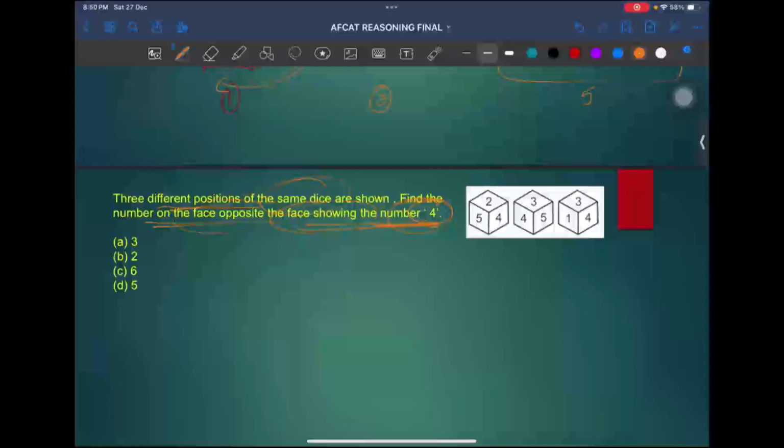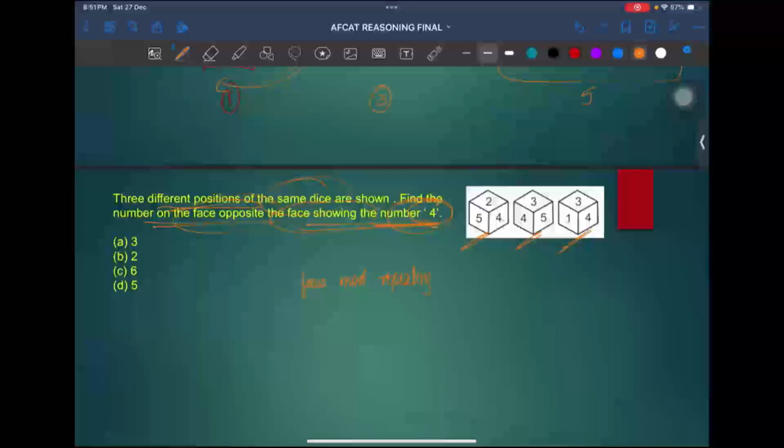Okay, so what you need to do is compare three dice, and find only one number, such that two adjacent sides of two cubes are different. For example, here 2 4 3, 2 4 5, here 4 5 3, 3 4 1. There are different kinds of numbers. You just focus on the most repeating number.